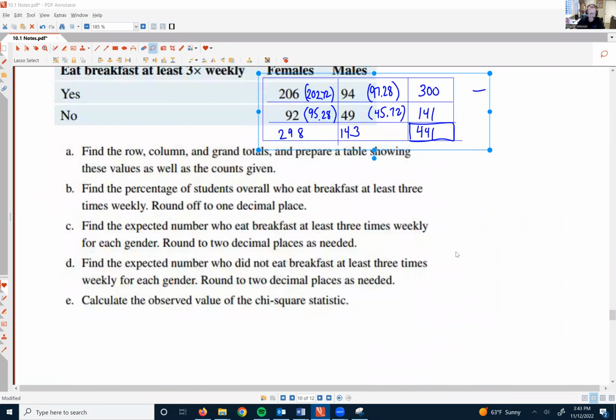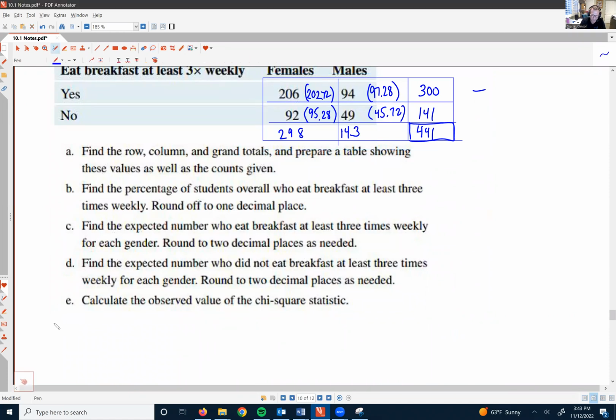And so now to find the observed value of the chi-square test statistic, we have to take the observed minus the expected, square that, divide by the expected value, and add that up for each one of these. So we'll start with the females stating yes. The observed is 206 minus the expected.